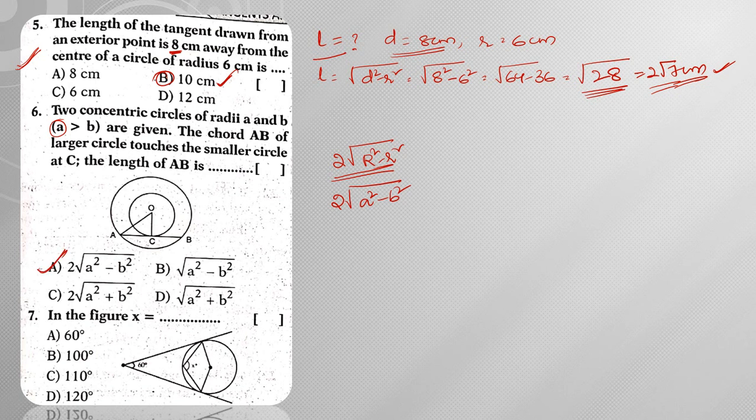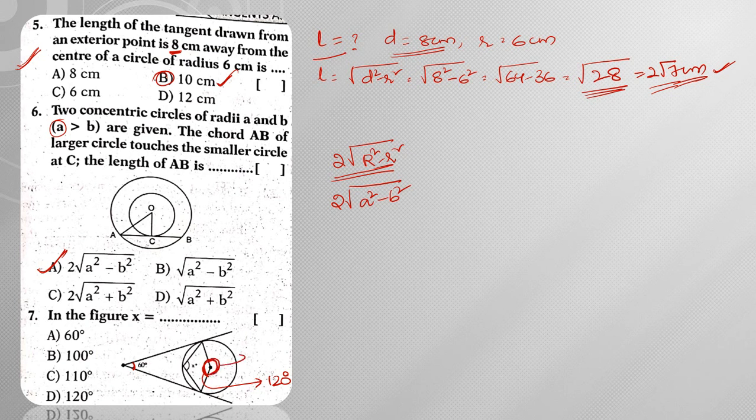Next, in the figure, x is equal to how much? If you observe carefully, since this angle is 60 degrees, this will be the supplement of 60. So what is this angle? This angle will become 120 degrees. If this is 120, then what about this angle?